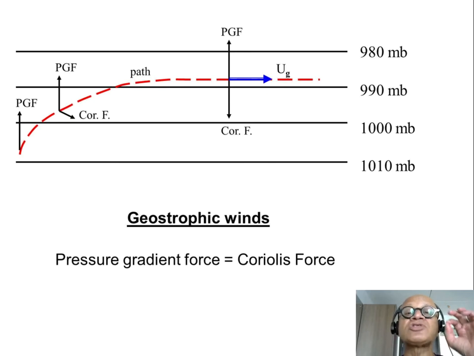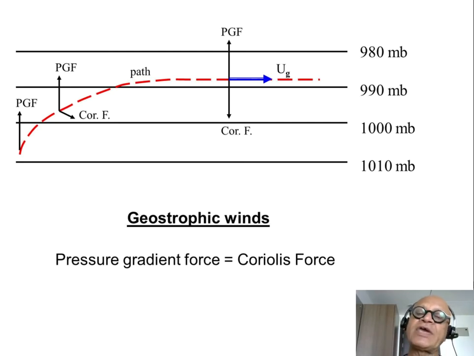It's going to want to start moving towards 980 millibars because the pressure gradient is going to make it flow down the gradient. But as soon as it starts moving, let's assume we are in the northern hemisphere, Coriolis is going to push it to the right. So it's going to deviate slightly to the right, and Coriolis is going to push it further to the right as it keeps moving along the pressure gradient.